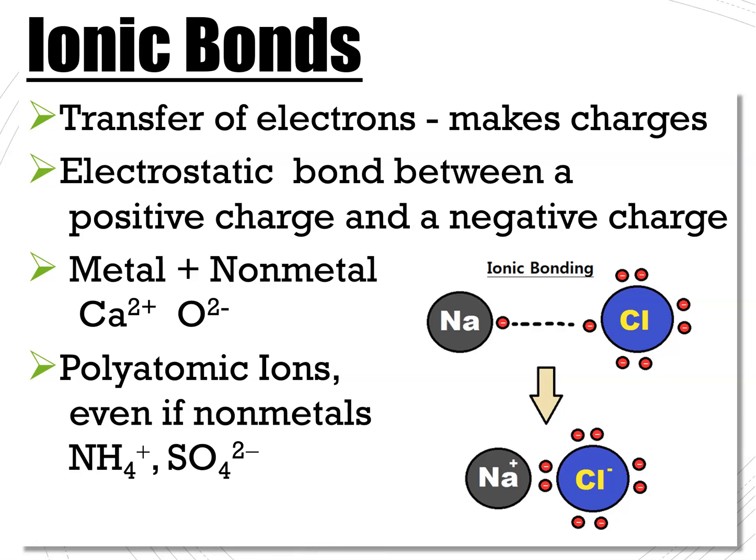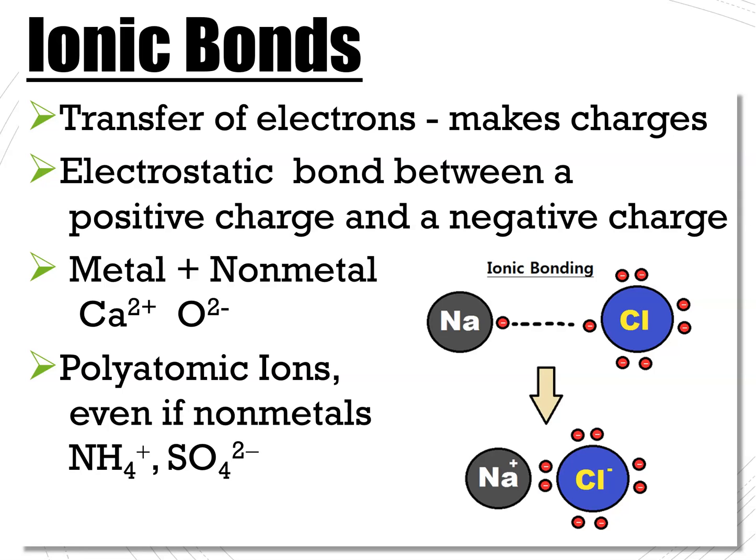Now the interesting thing here is everything here on the screen with polyatomic ions, they're all nonmetals. But wait, you just said only metals and nonmetals create ionic bonds. In the case of polyatomic ions, notice NH4 is made of nitrogen and hydrogen. SO4 is made up of sulfur and oxygen, poly meaning many.